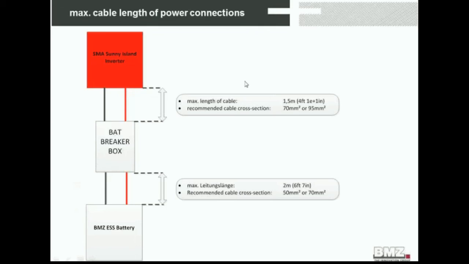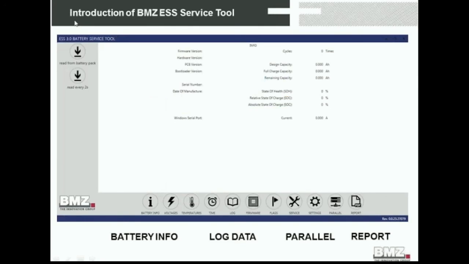So, this is the introduction of the service tool. I'll make it as short as possible for you guys because it is 12 o'clock. This is the Windows PC service tool. You can read out battery information.